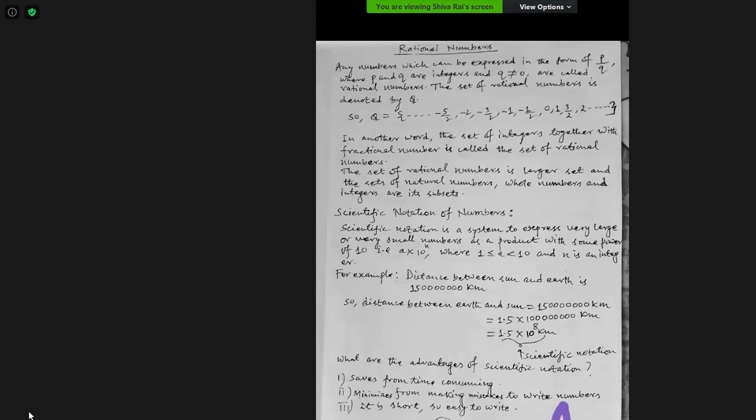Okay. If I told you to write 800 kilometer in scientific notation, how to write 800 kilometer in scientific notation? Tell me. Give the answer.